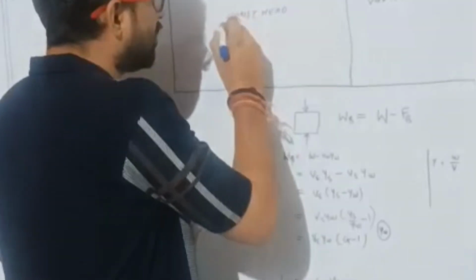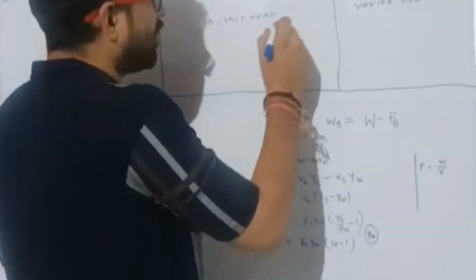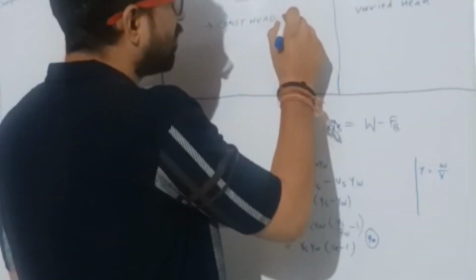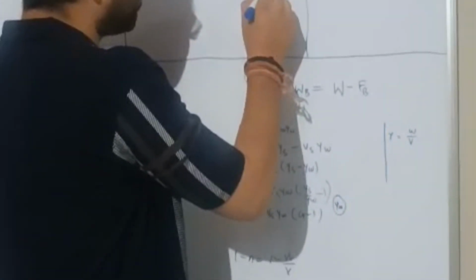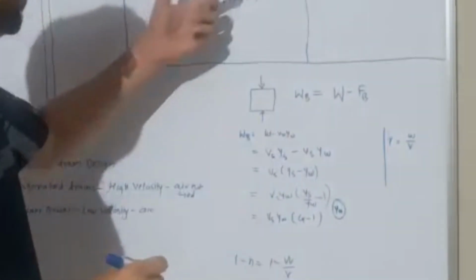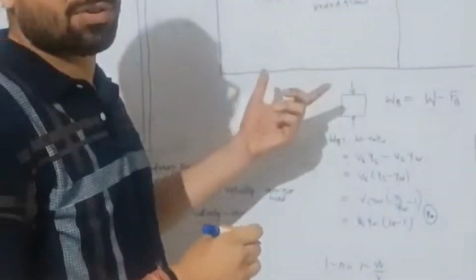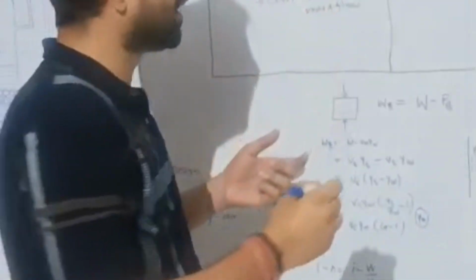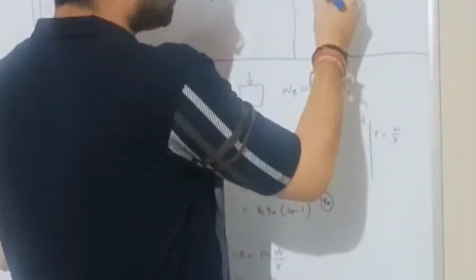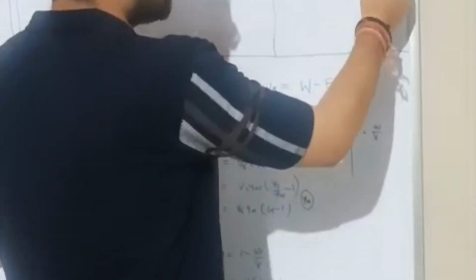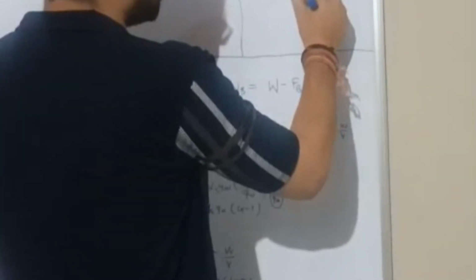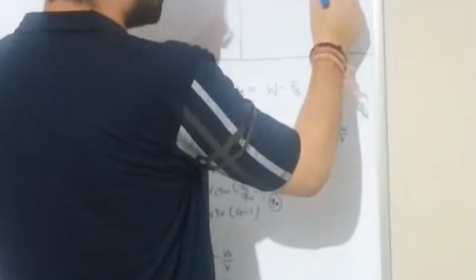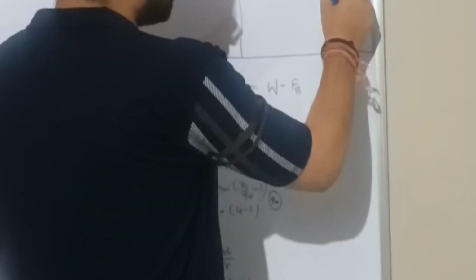When we use constant head, we get a varied flow over the filter media. And when we vary the head, we get constant filtered water.